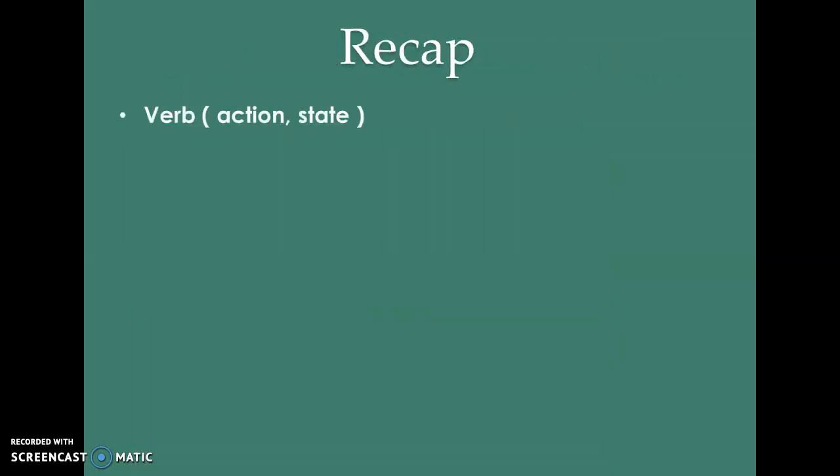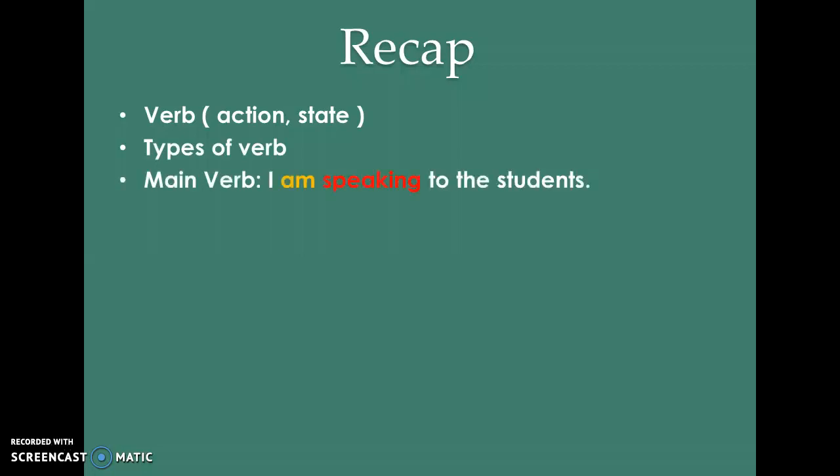Let's recap now. Today we learned what a verb is. A verb either shows an action or a state. And remember, we also discussed that state verbs cannot be used in a progressive or continuous form. We discussed all the types of verb in detail. First, we discussed the main verb. The main verb is the main action in the sentence, and we also discussed the helping or auxiliary verbs.